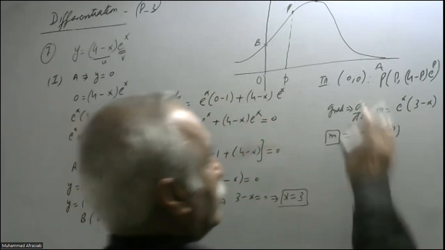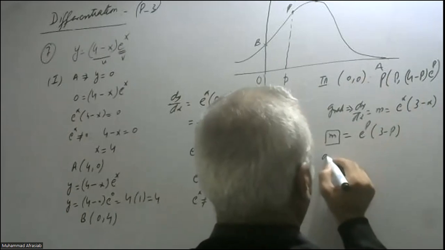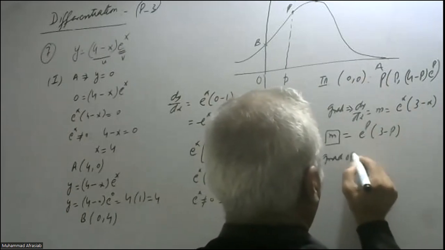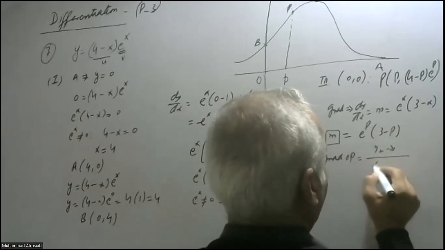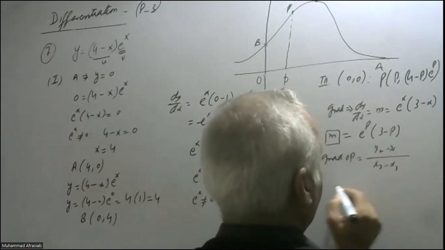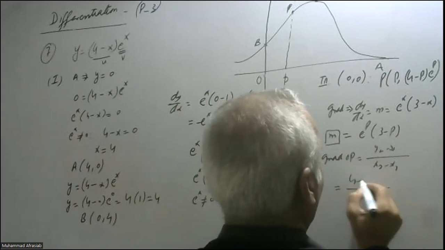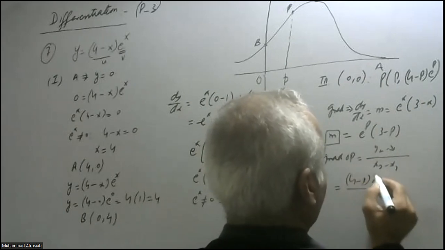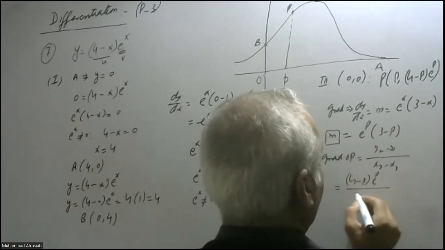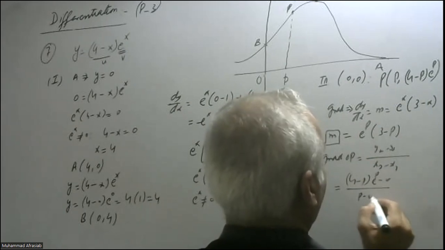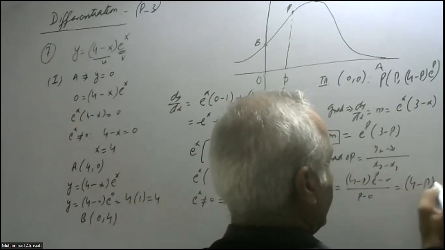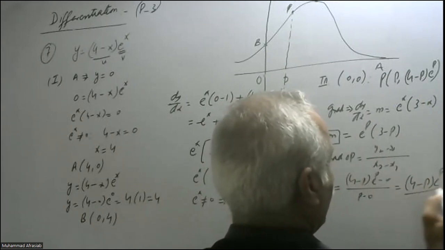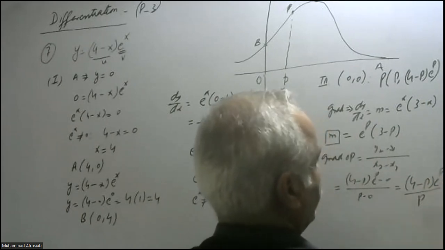Also, the gradient of OP is equal to y2 minus y1 over x2 minus x1, and that is equal to (4 minus p) e power p minus 0 over p minus 0. That is equal to (4 minus p) e power p over p.